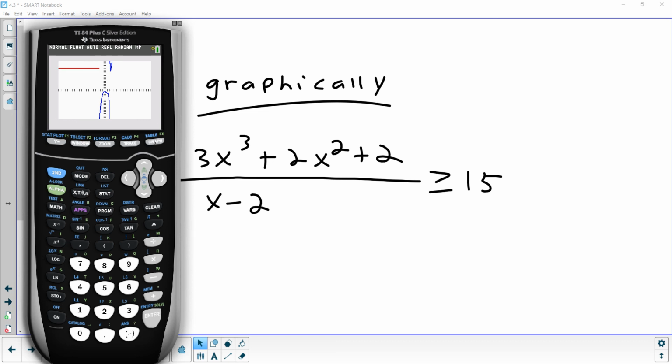So what I'm going to do is set my y max a little higher. I can see a part of that graph that doesn't matter. It's definitely way under 15. I just want to go a little higher and make sure I'm not missing anything. So that part of the graph doesn't matter.